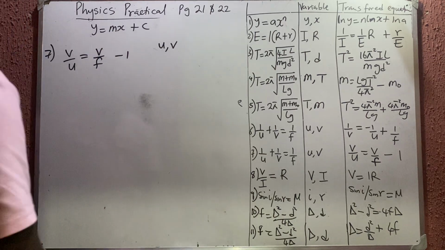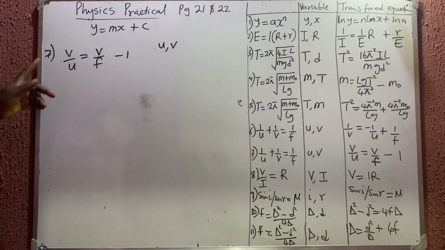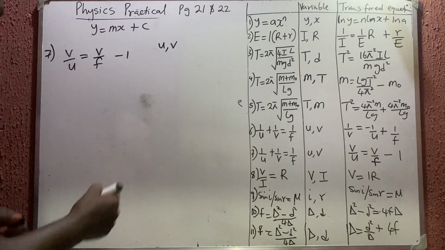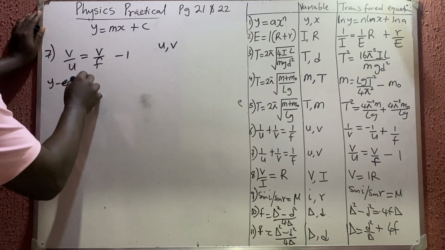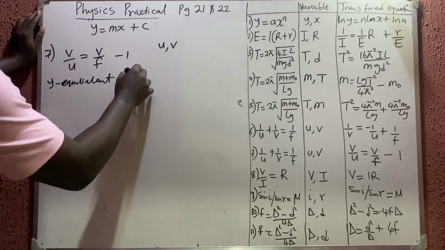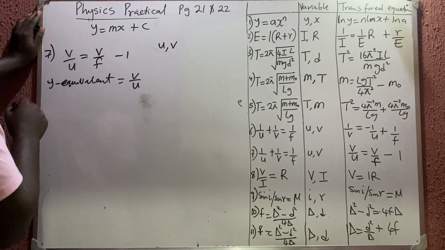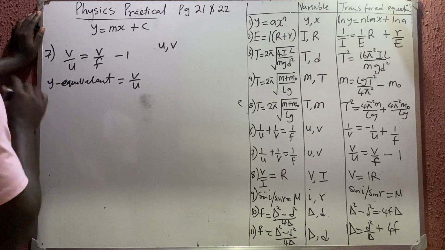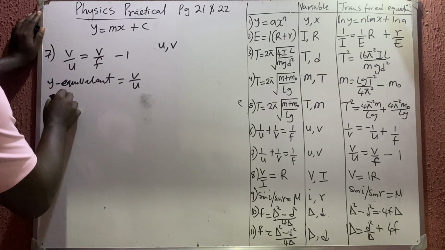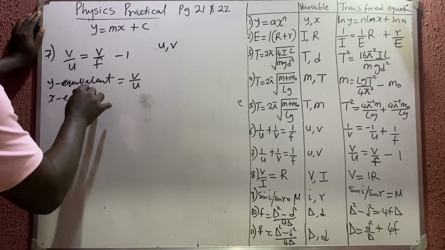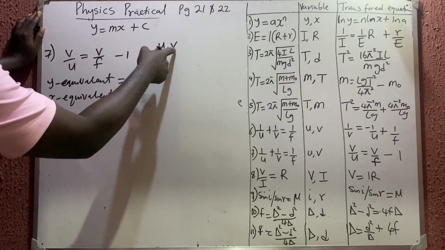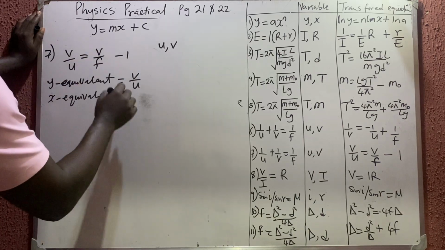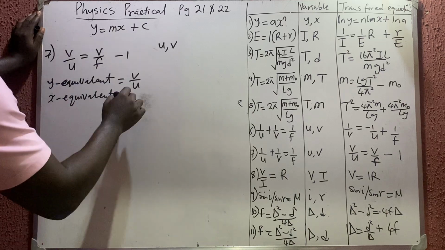So from here it is obvious that we are plotting v over u on the y-axis. So the y equivalent is v over u, the x equivalent is just the coefficient of v, which is v itself.